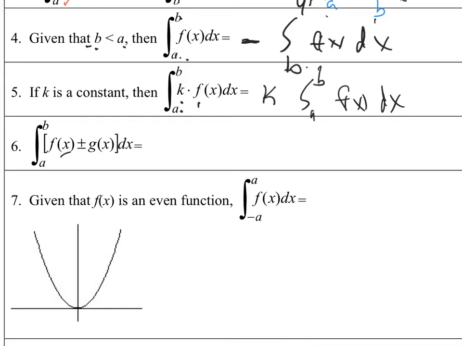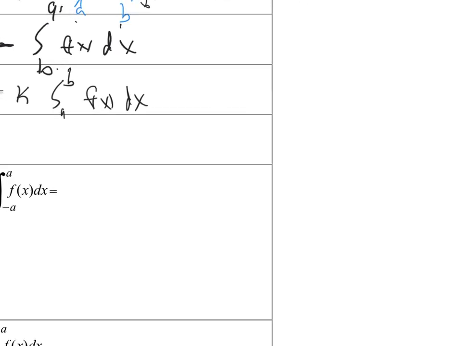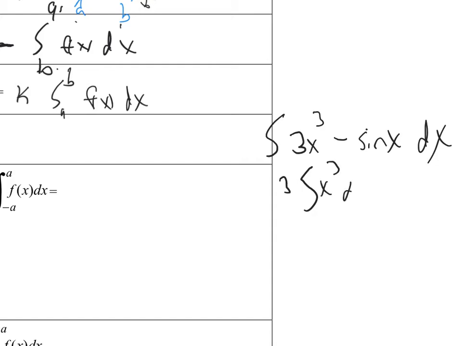What if I have two separate functions? That's no different than this. Integrate 3x cubed minus sine of x dx equals integrate 3x cubed dx minus integrate sine of x dx. That's all we're doing, is breaking the terms apart.